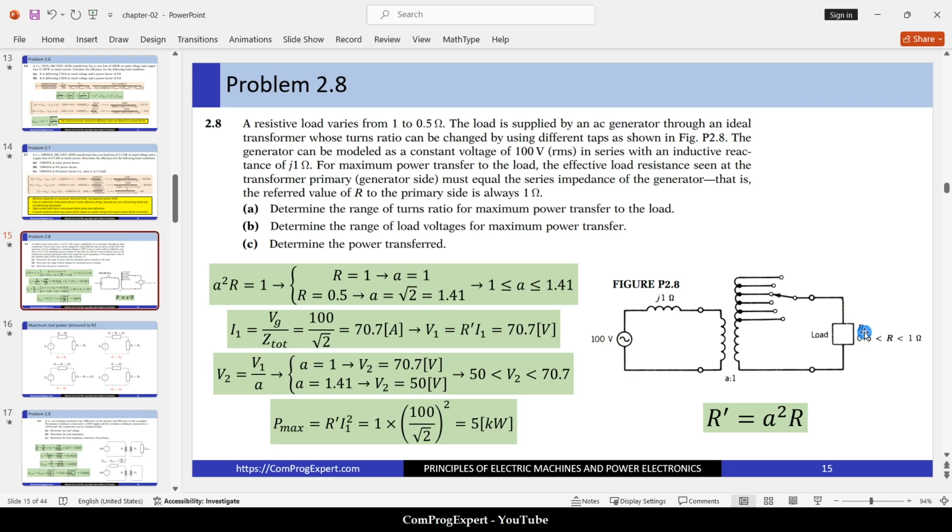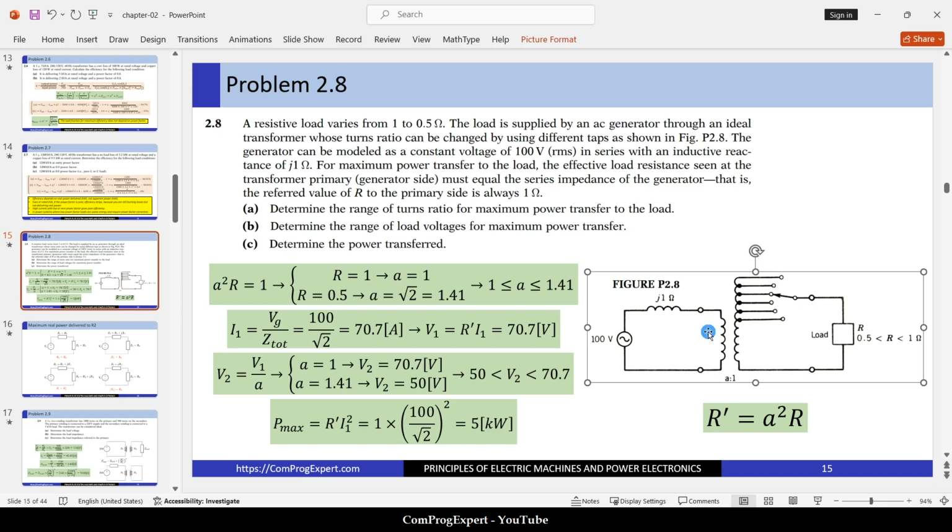Here is the value of the R, and this is the range that the value of the R varies in. The load is supplied by an AC generator through an ideal transformer whose turns ratio can be changed by using different taps as shown in this figure.